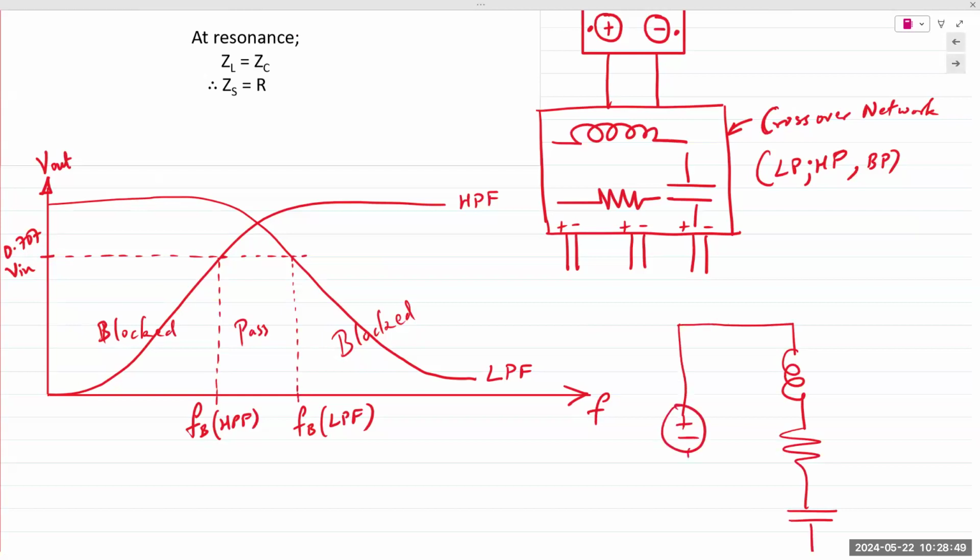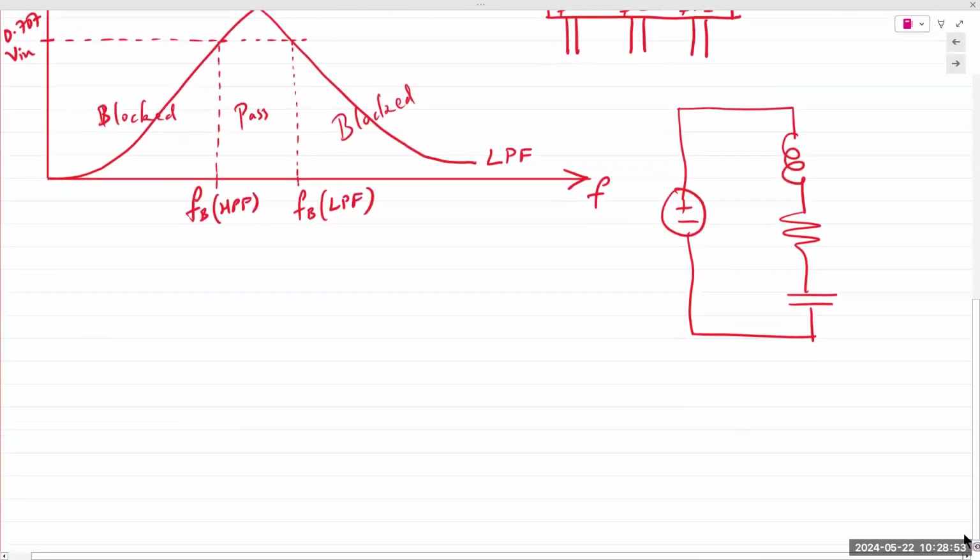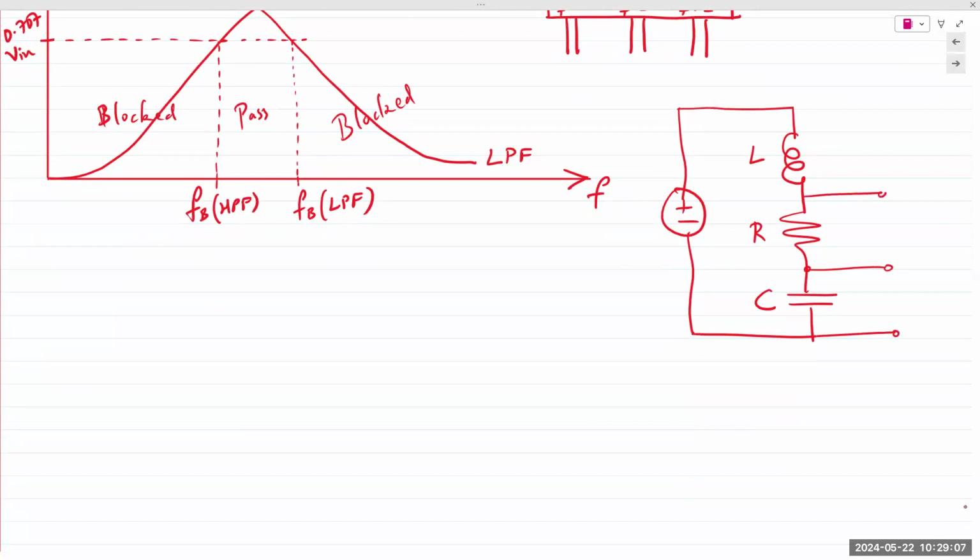If this was a circuit without the inductor, if you just had R and C in the circuit, an RC circuit, and you take the output across the capacitor, what kind of filtering do we expect? That's the first filter we saw. It's low pass filtering.